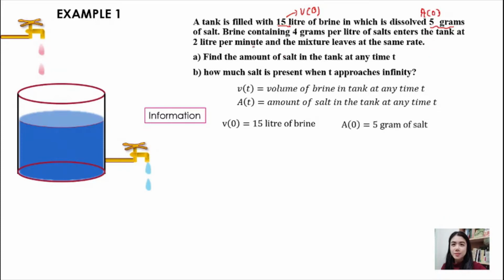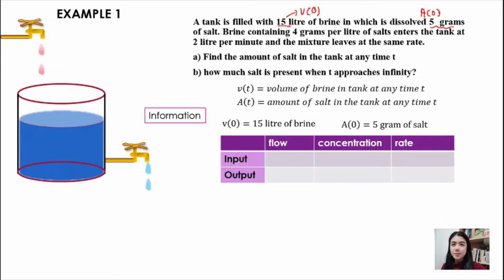Then let's construct a table and begin to fill in the blanks. It says that the brine containing 4 grams per liter. So this 4 grams per liter is your input concentration.